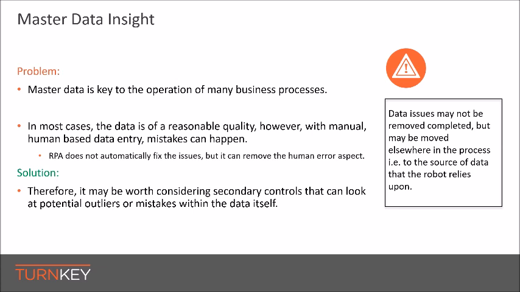Now, although that might not mean that the data issues are completely removed, it's actually far more reliable if you can do that more consistently and increase the number of tests that you can make across a calendar year, and actually being able to put that into the position that the robot is checking it rather than the human. So you're also then relying on the ability for that repeatable task to be automated and less prone to human error.